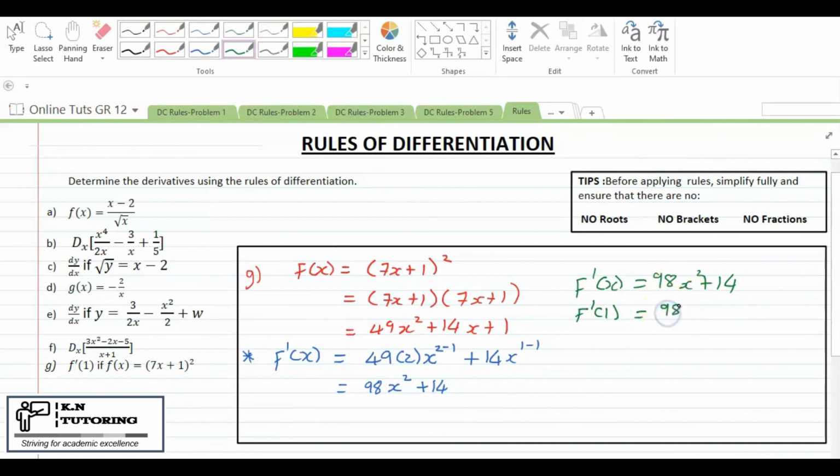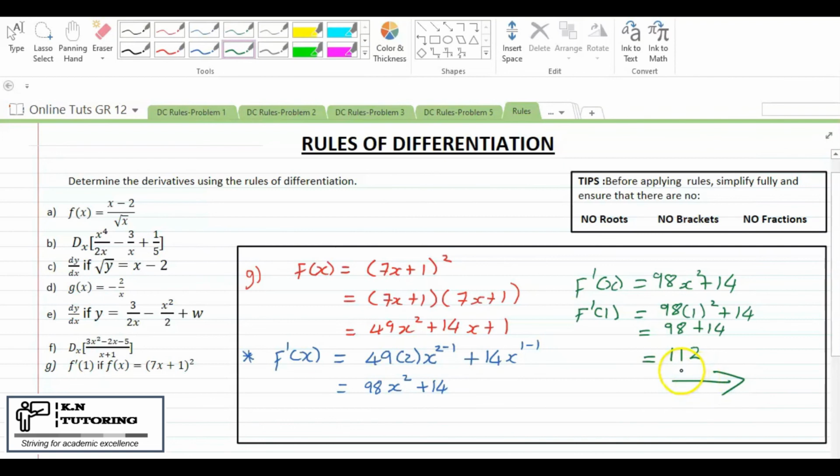So I will have 98 times 1 plus 14. 98 times 1 is 98, plus 14, and the final answer that I'm going to get is 112. And that completes this problem.